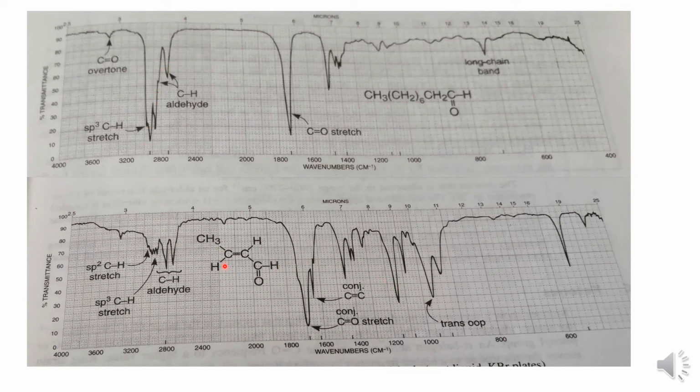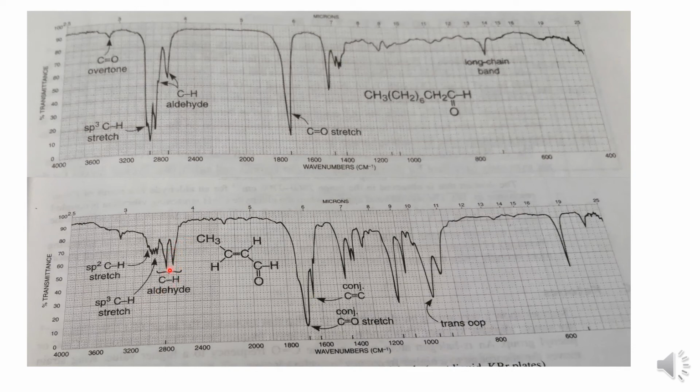This is another aldehyde with conjugation of a double bond. Here the frequency reduces due to this conjugation, from 1740 to 1700, due to C double bond C conjugation.